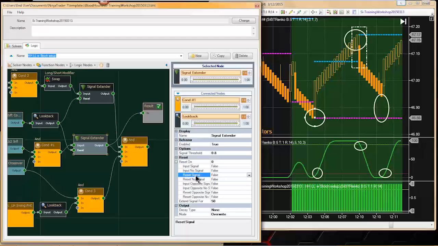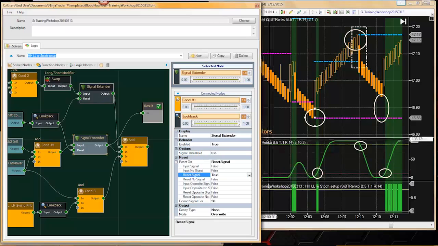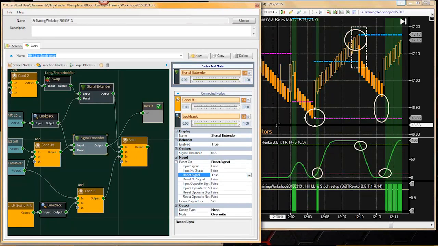So the reset signal would be a long signal coming into the reset. A long coming in to reset a long would just be the same signal. It's not the opposite, so it's going to be the signal. So we'll use this and see what happens there.